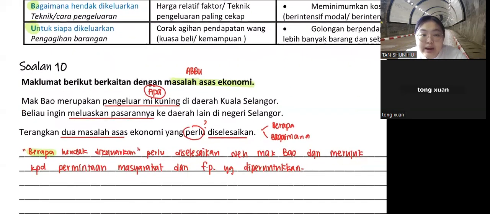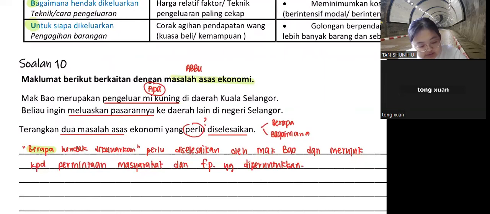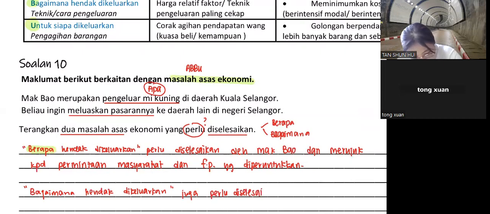Now the second one is bagaimana. So you can say, selain itu, bagaimana hendak dikeluarkan juga perlu diselesaikan oleh Makbau.